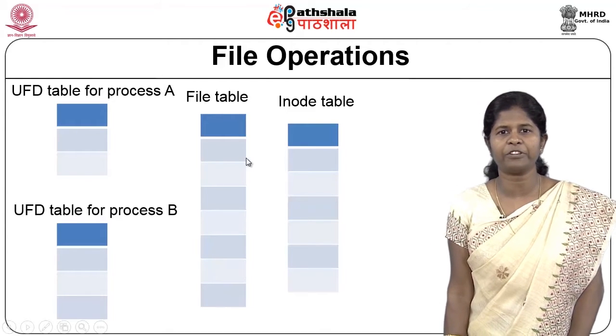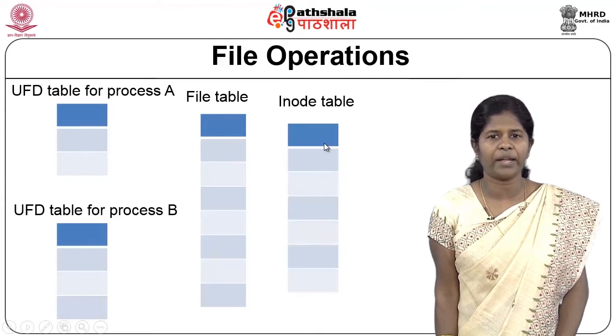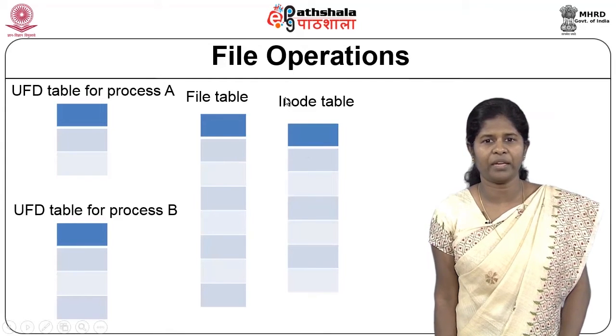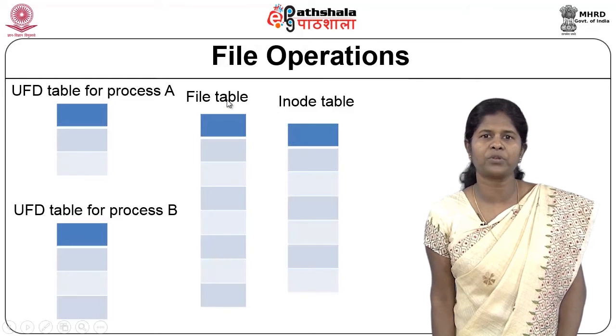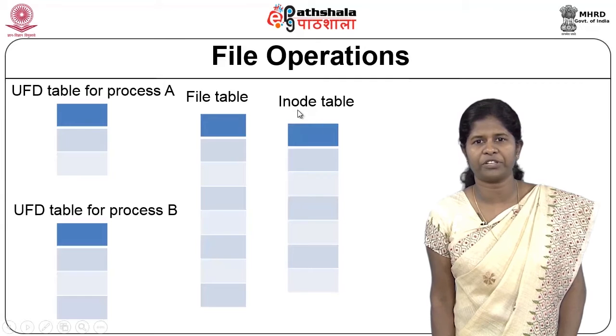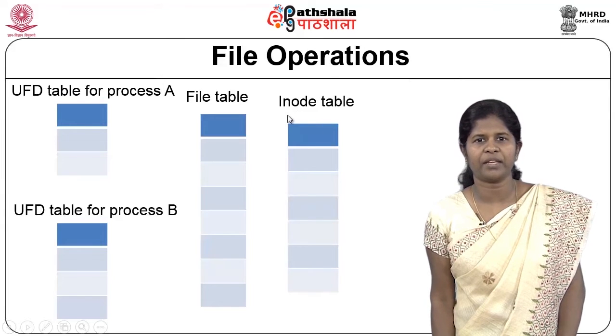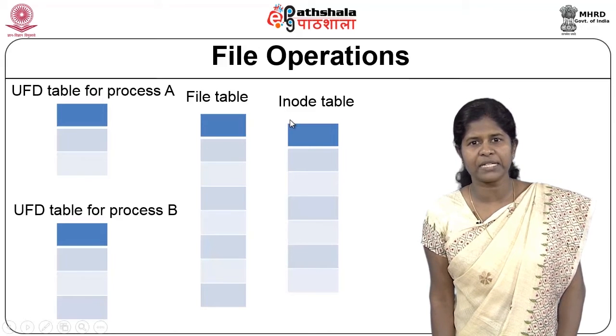And in the case of Unix, each file has got something called an inode. This inode has got information about all the attributes of a file. Say for example, details about the file are maintained in the inode for that particular file. What are the details that are maintained?